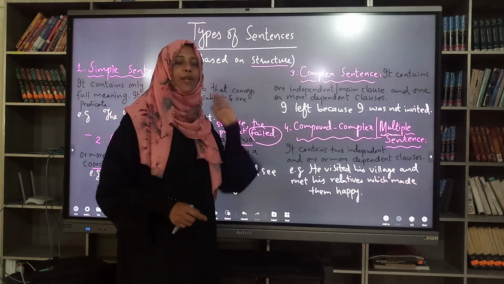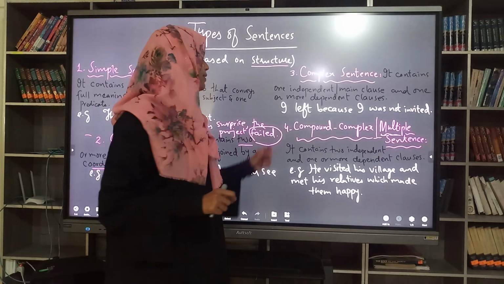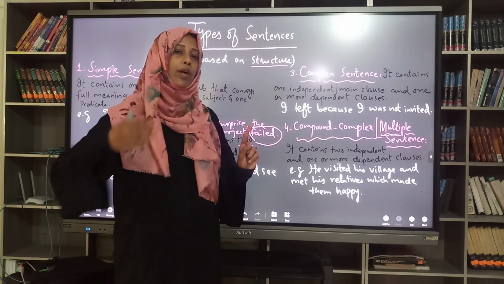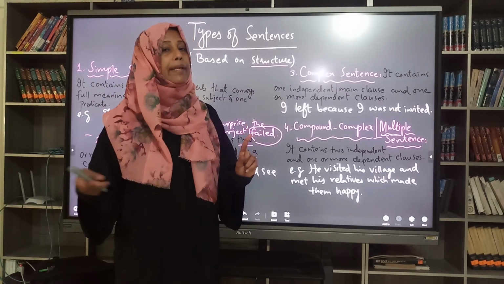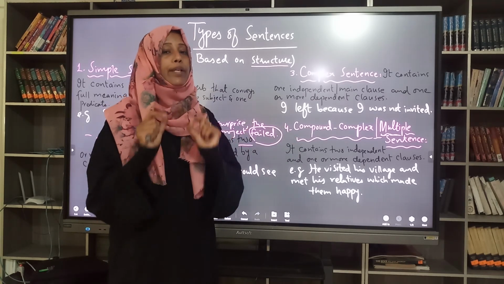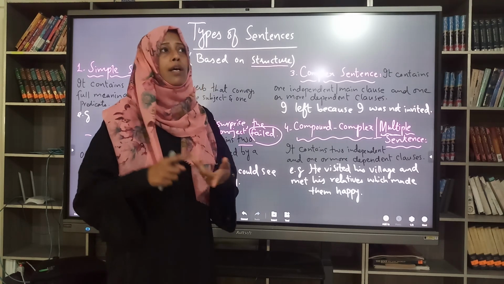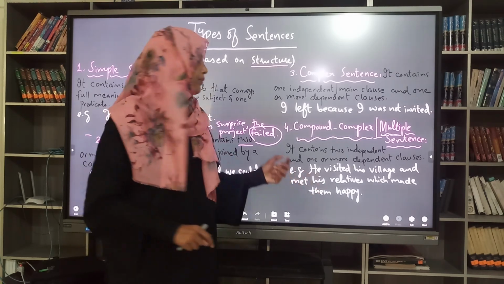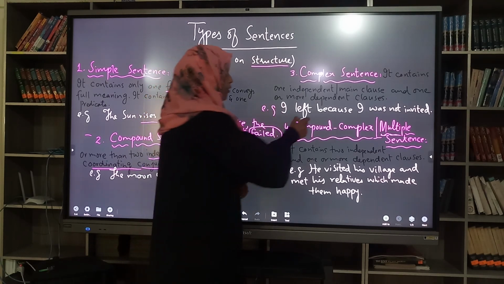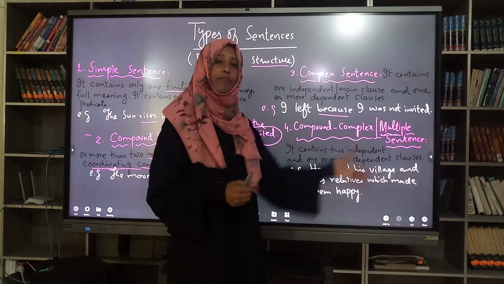Okay, now the third one is complex sentence. A complex sentence contains one independent, or you may say main clause, and one subordinate or dependent clause that is not the main clause, and it is joined by a subordinating conjunction like if, after, so, because, etc. So the example here is, for example, I left because I was not invited.